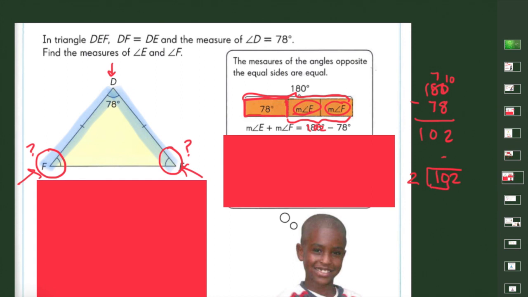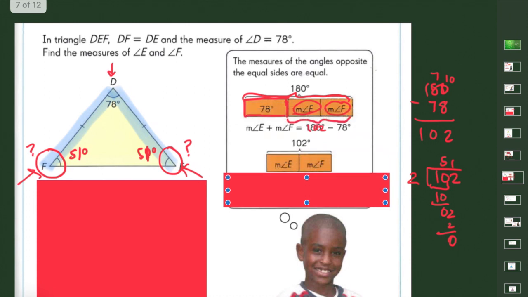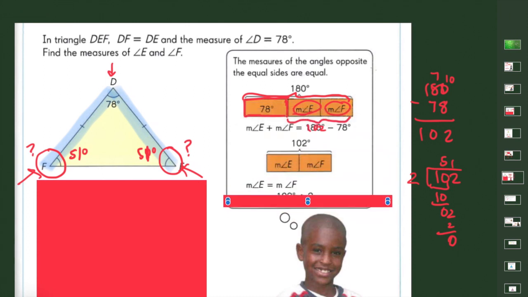So 2 goes into 10 5 times. 2 goes into 2 once. And so I can see that each of these angles will have to have a measure of 51 degrees because they have to be equal in size.